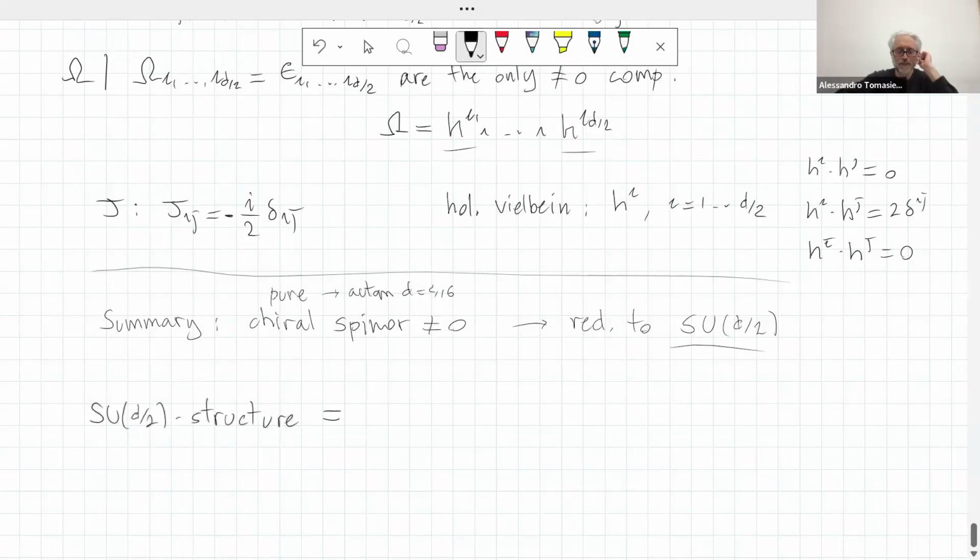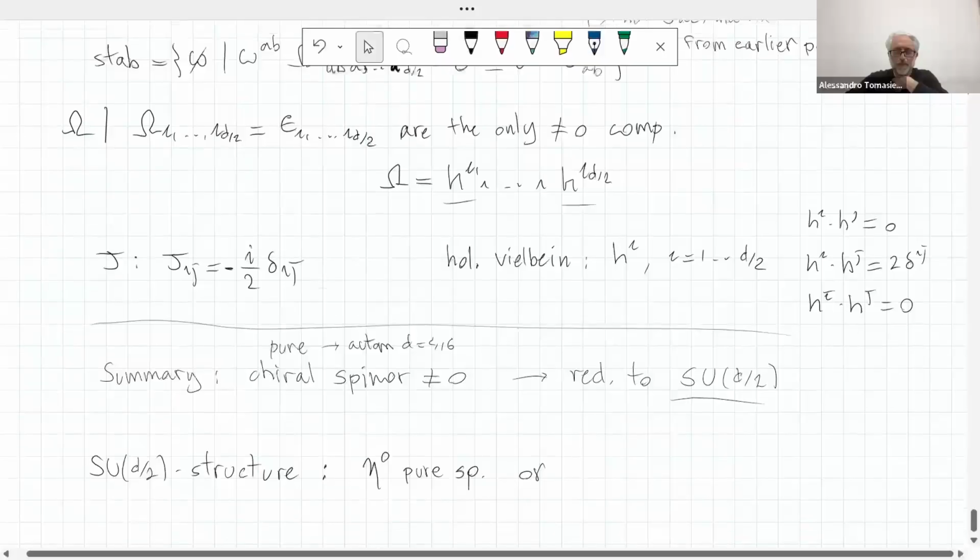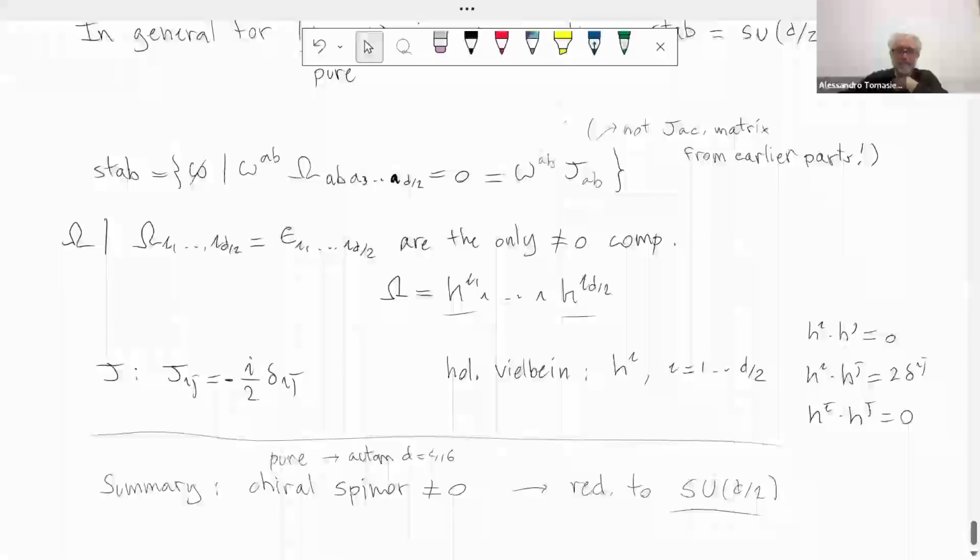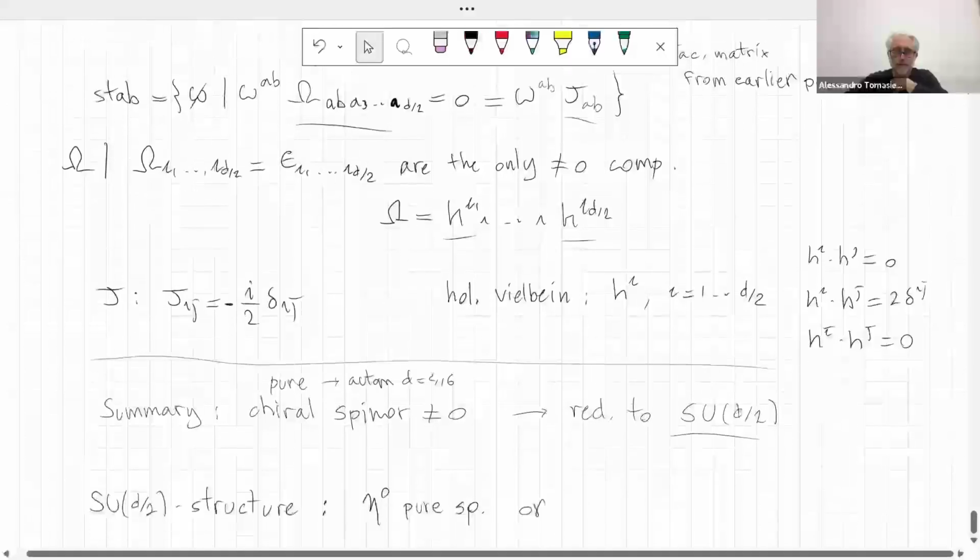And what we just saw is that it is either the choice of, rather than an equality, the choice of a pure spinor, but also it can be characterized with these objects here, with this J and this omega.